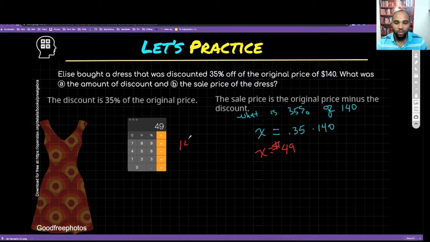Well, it's just going to be 140 minus 49, and that's 91. $91. So I'm guessing she'll be pretty happy, right? Instead of paying $140, she's coming out with $91 because she did her math and took 35% off, because 35% was $49.